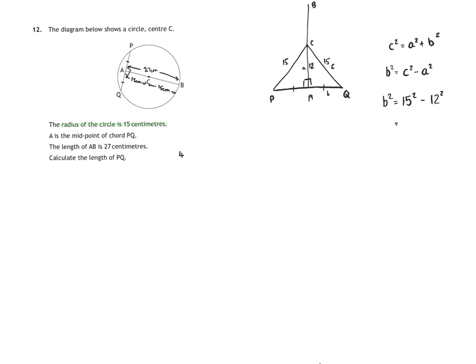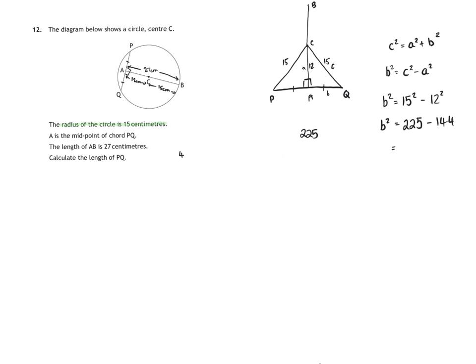So 15 squared is 225. 12 squared is 144. You're not necessarily expected to know that 15 squared is 225, but you should be able to just do a chimney sum to work it out. Okay, so we've got 225 take away 144.